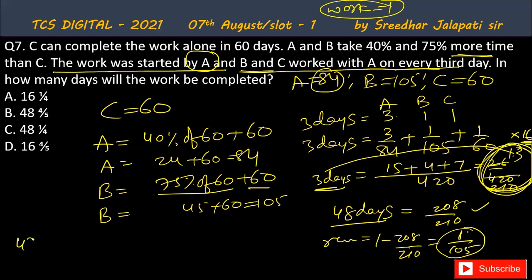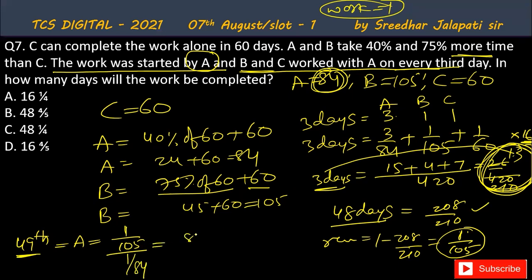On the 49th day, A starts again and he will be alone and he has to finish. At what rate does A work? 1 by 84. What is the work to be done? 1 by 105. So the time taken by A on the 49th day is 1 by 105 divided by the rate at which A works, 1 by 84.